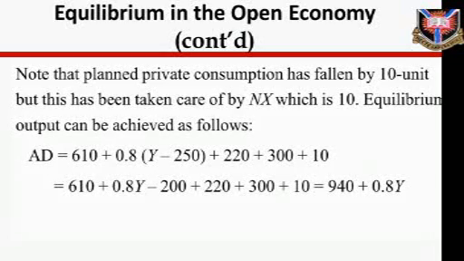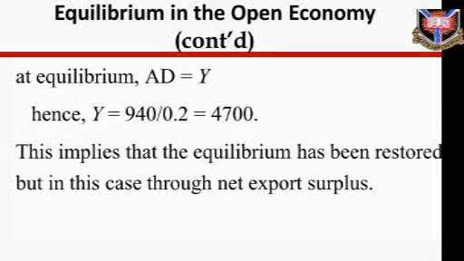Equilibrium output can be achieved as follows: AD equals 610 plus 0.8(Y minus 250) plus 220 plus 300 plus 10. That is 610 plus 0.8Y minus 200 plus 220 plus 300 plus 10, which will equal 940 plus 0.8Y. At equilibrium, AD equals Y, hence Y equals 940 over 0.2, which gives us 4,700.